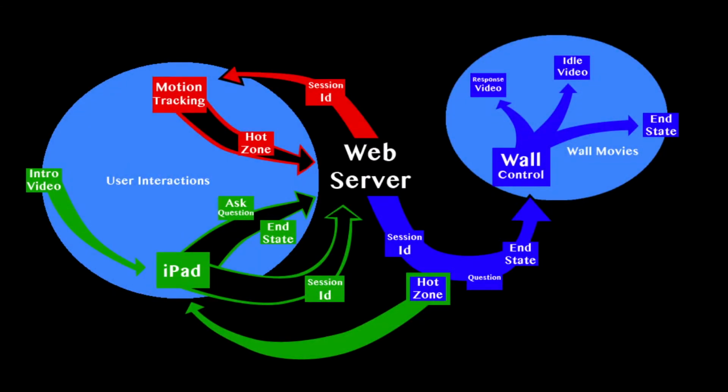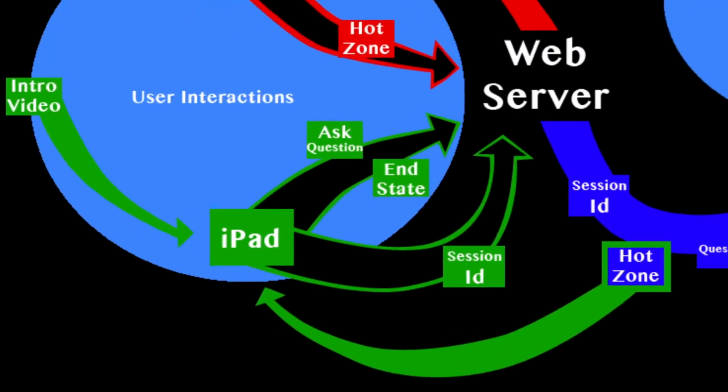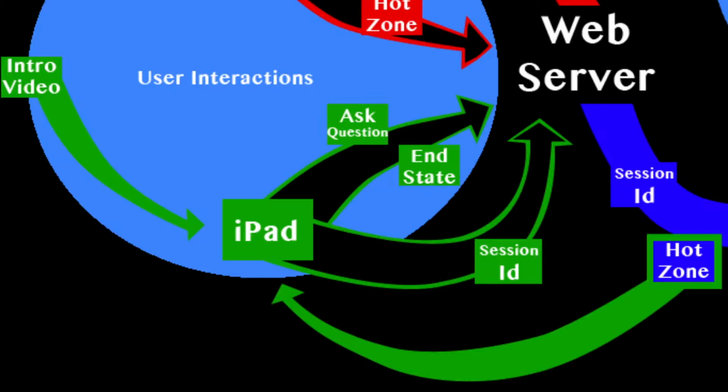So I handled the technical approach to our project. There are 3 main objects that communicate via a web server. The first object, the iPad, creates a session ID which all other objects, including the iPad, use to establish the same session across the board. The user uses the iPad to ask questions and trigger the end state as seen in the graph.